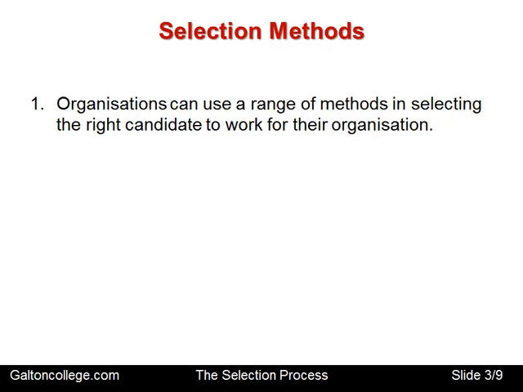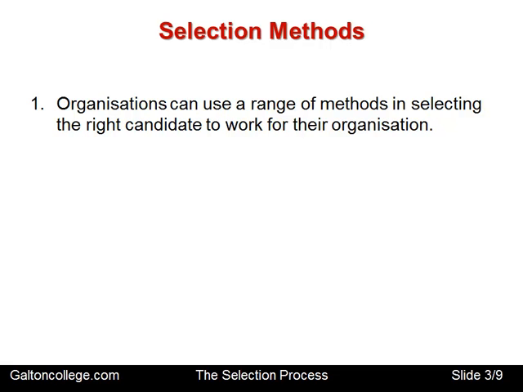Clearly, the sophistication of the selection process will be a function of the type of work that is on offer, the type of work that's being considered. If it's a straightforward occupation, then perhaps the selection procedure can be quite relaxed, simply looking for people who can do the particular job.